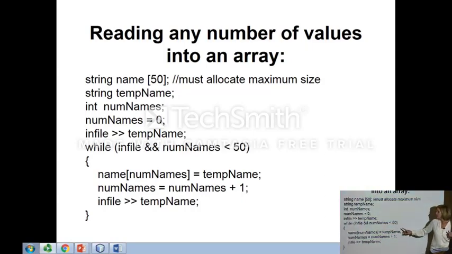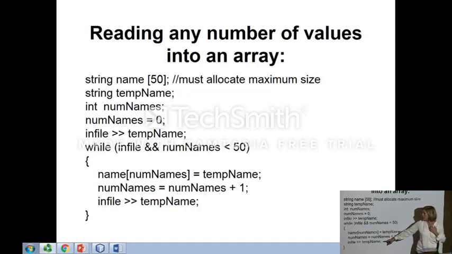So if I get here, then I know it was a good read. I'm going to take the name that I read in and store it at name sub 0. Everybody with me? Stop me if you have a question. What is this guy doing? Bumping the counter to say I now have one name.